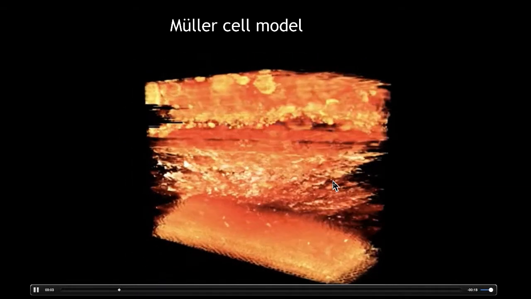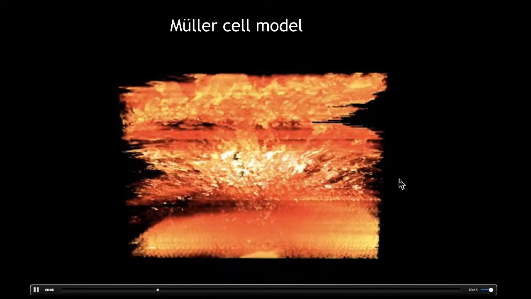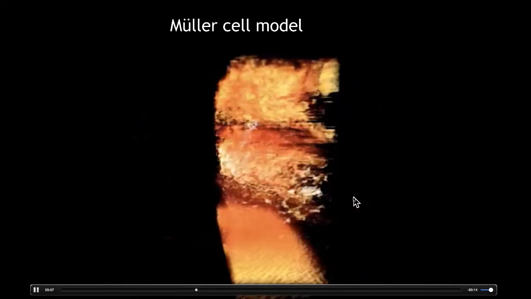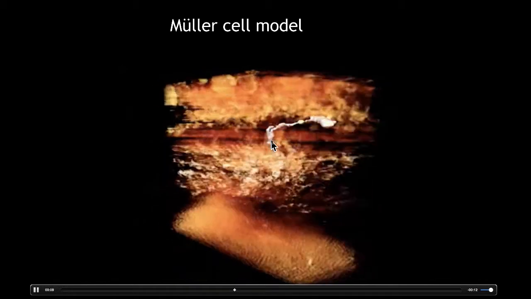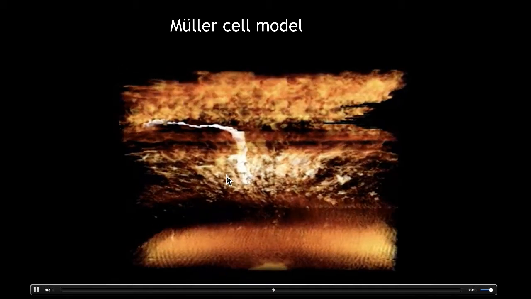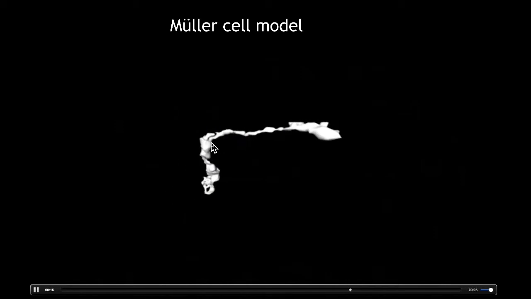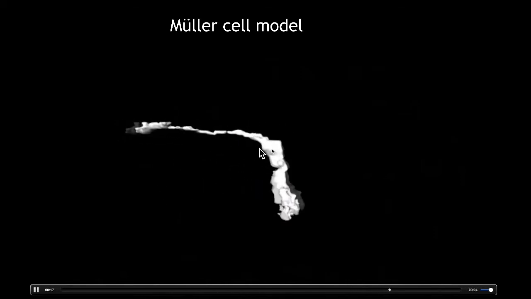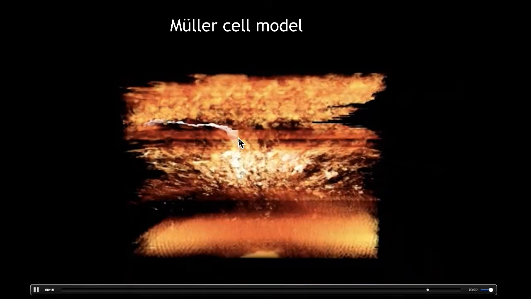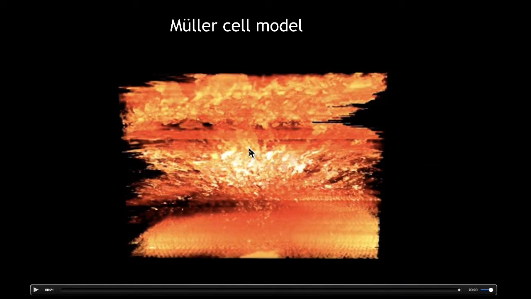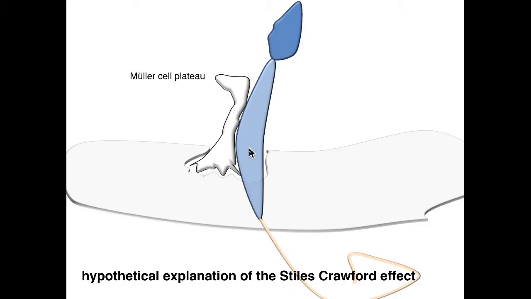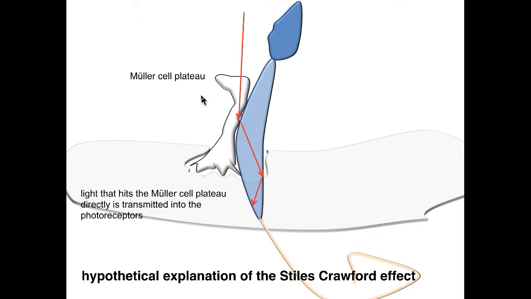Such an image stack consists of more than 150 individual sections, and here you can see an individual Müller cell in white that after isolation shows a plateau zone at the top of the retina. And we think that this plateau zone may play a role in causing the Stiles-Crawford effect.